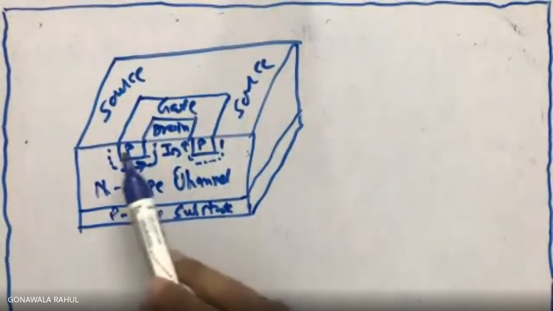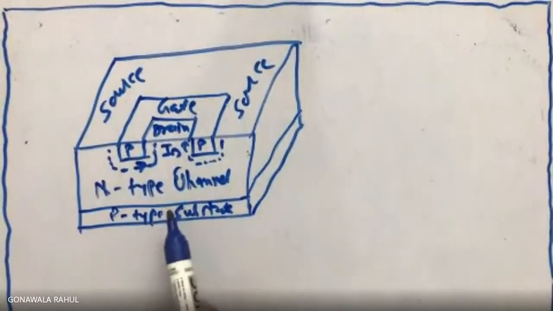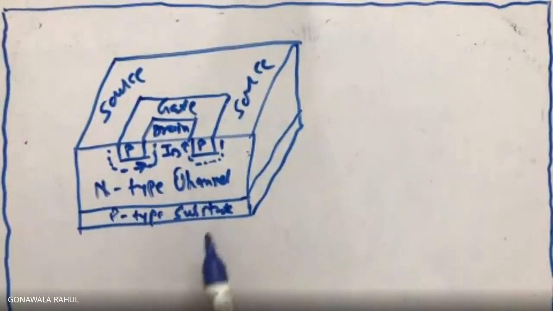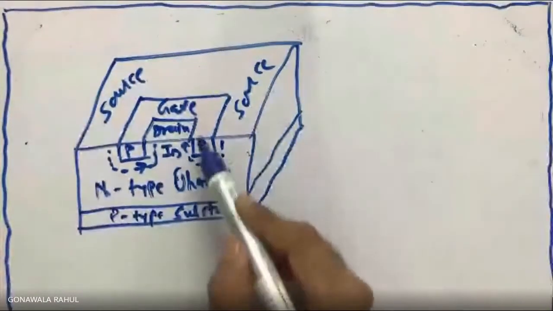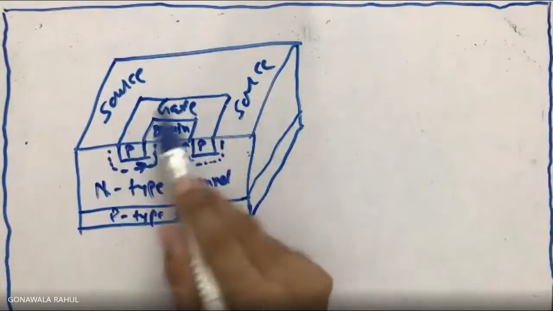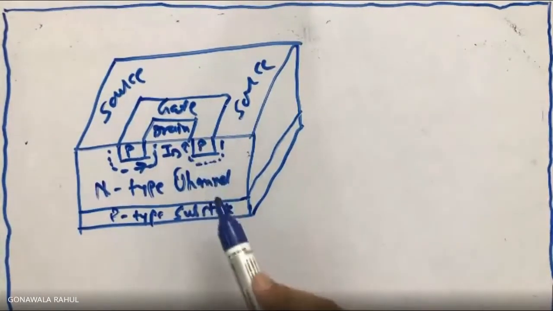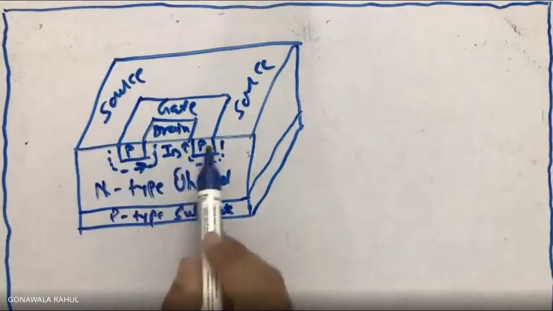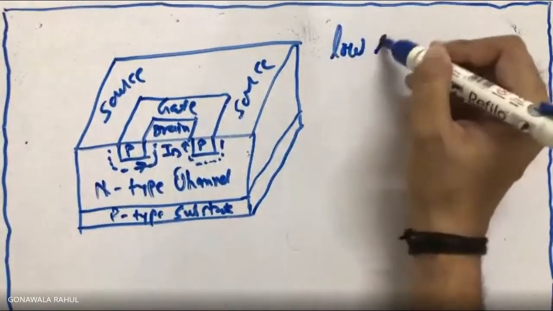Here diffusion is from one side only. It uses a P-type substrate on which an N channel is epitaxially grown. A P-type gate is then diffused into the N-type channel. Both the P-type diffused gate and the P-type substrate, serving as the gate, are of low resistive material.